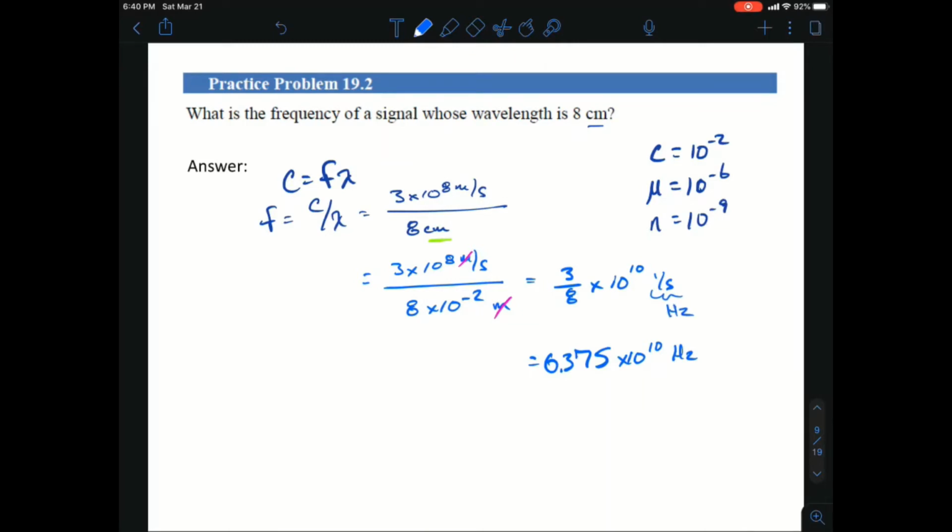But what we're going to do is simplify this a little bit, and change that to 3.75 times 10 to the 9th hertz. And if we recall from the other slide, 10 to the 9, that's going to give us 3.75 gigahertz. Okay?